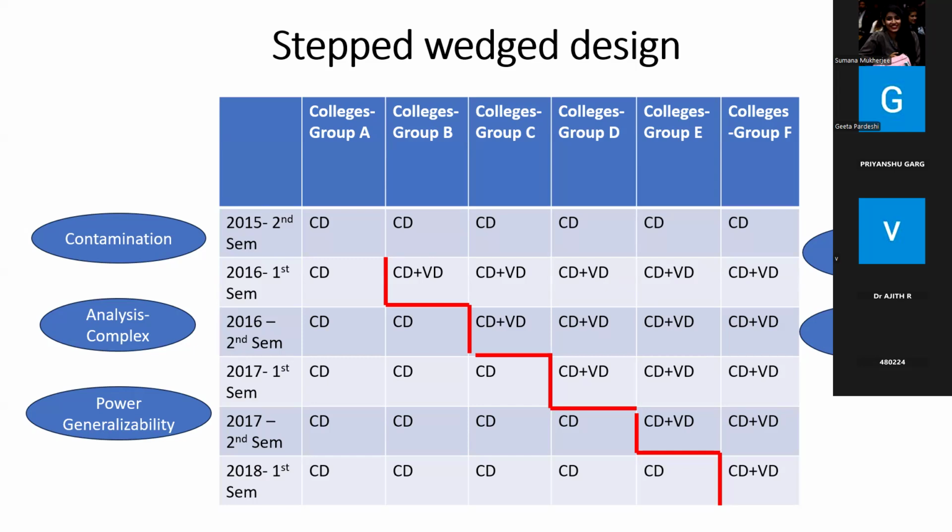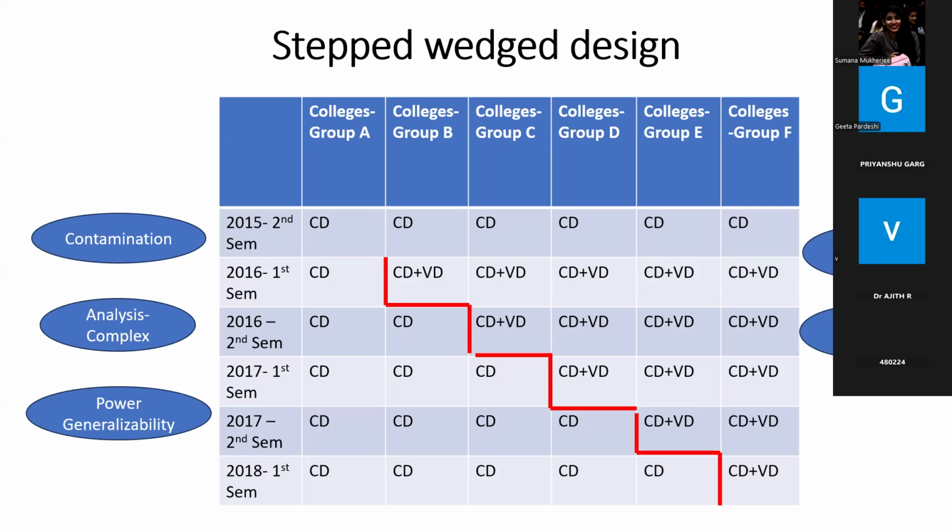Initially, there is more of cadaveric dissection, and gradually they start, but then everything converts to cadaveric plus virtual dissection. Yes. So what happens? Every 6 months, the department is purchasing and giving it to some 2 or 3 medical colleges, and there is a shift from cadaveric to cadaveric plus virtual dissection in a phase-wise, stepwise manner.